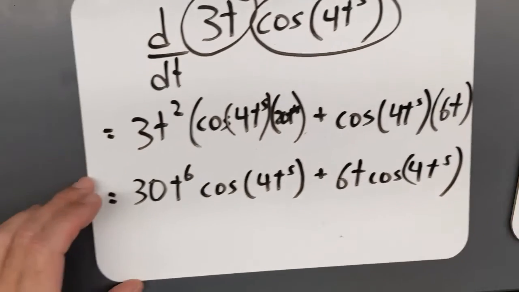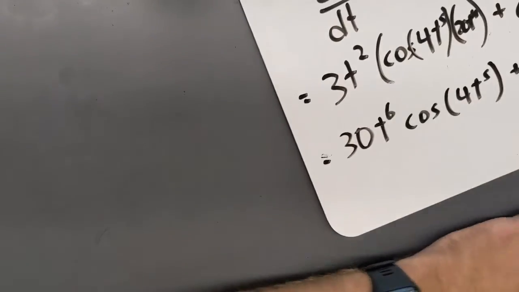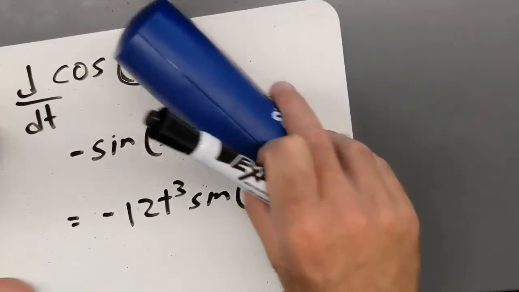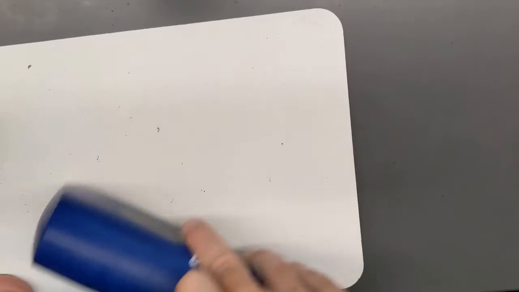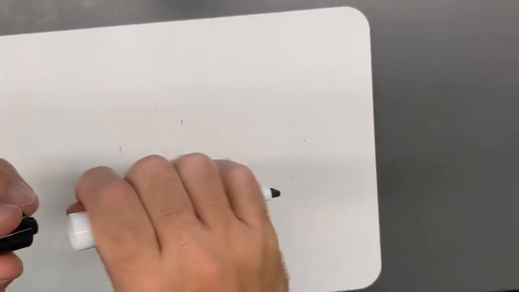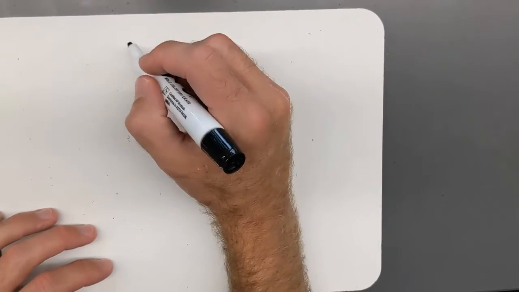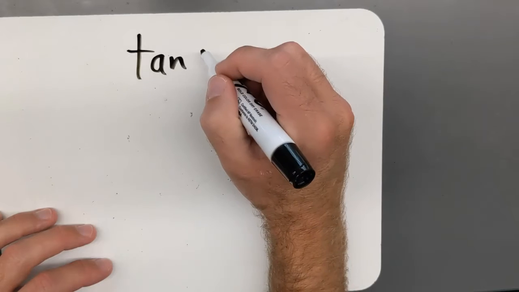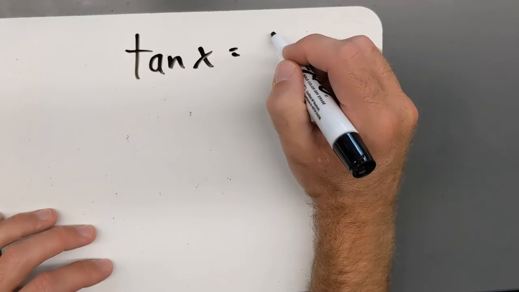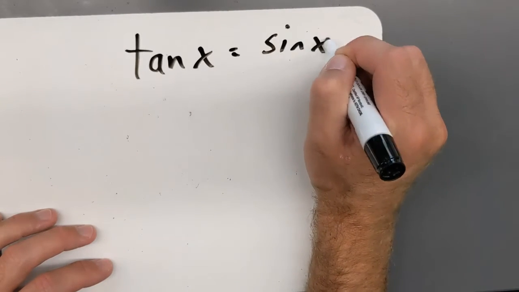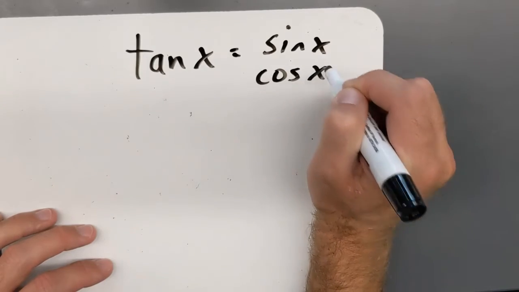Now, if you had to do tan, the derivative of tan, which I'm not going to really deal with, well, I guess we can. Maybe we'll see that one another time, but tan of x is equal to sine of x over cosine of x.